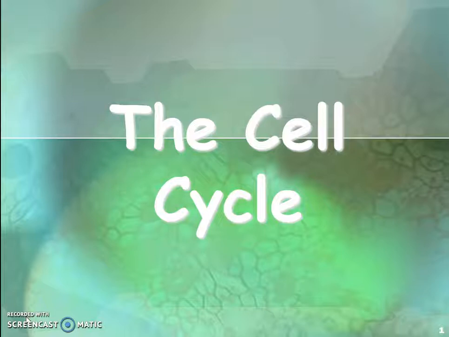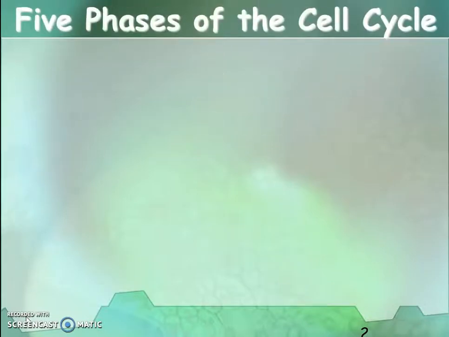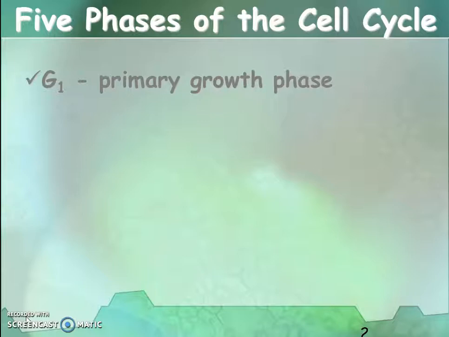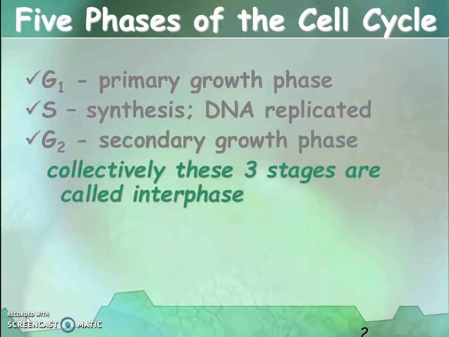So let's look at the cell cycle. There are 5 phases of the cell cycle. Number 1 is called the G1 phase, which is a primary growth phase. After that is S, the synthesis, where there is a duplication or replication of DNA. Then the G2 phase, where there is a secondary growth phase of the cell.